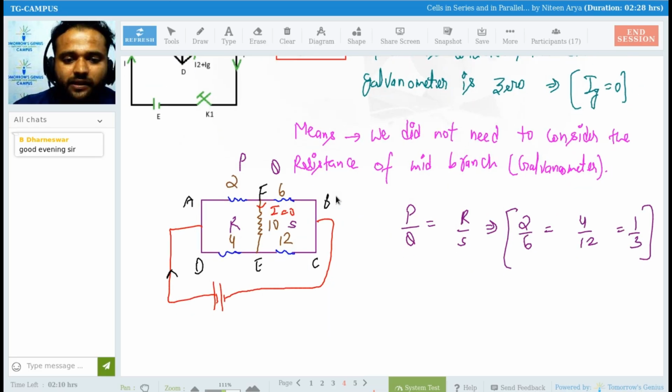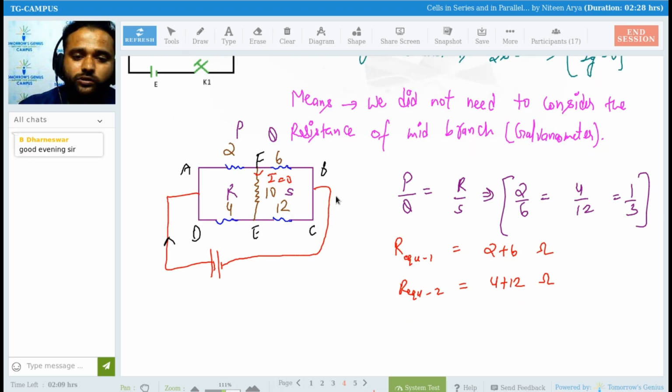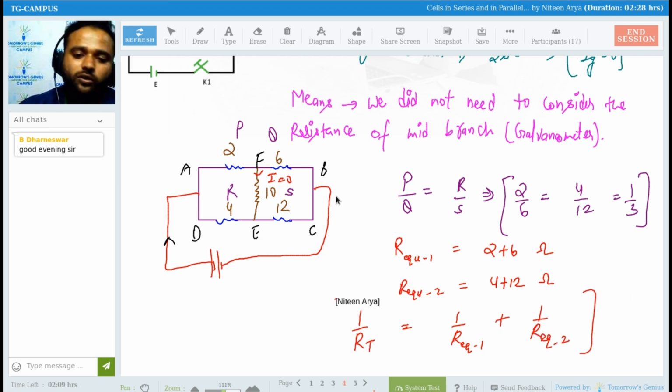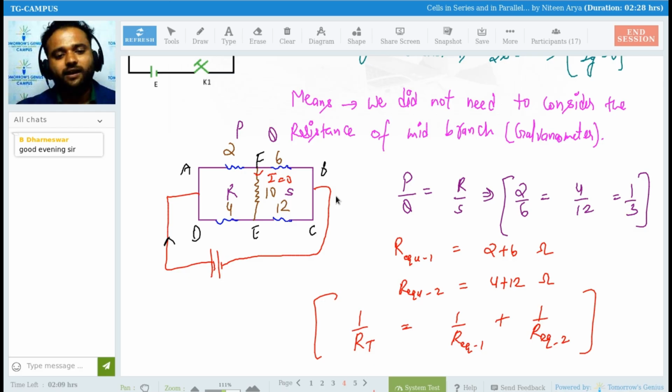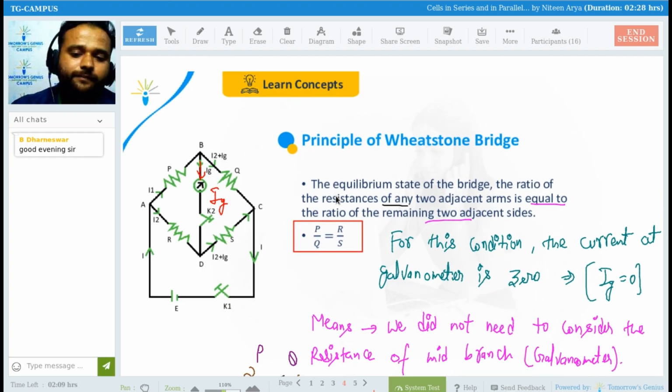What we are going to find: this 2 and 6 are in series, so R equivalent 1 is 2 plus 6 ohm, R equivalent 2 is 4 plus 12 ohm, and then both are in parallel, so 1 by R total equals 1 by R equivalent 1 plus 1 by R equivalent 2. This is the whole picture for which we are working hard, for which we are going to prove that also. Is this clear, everyone?